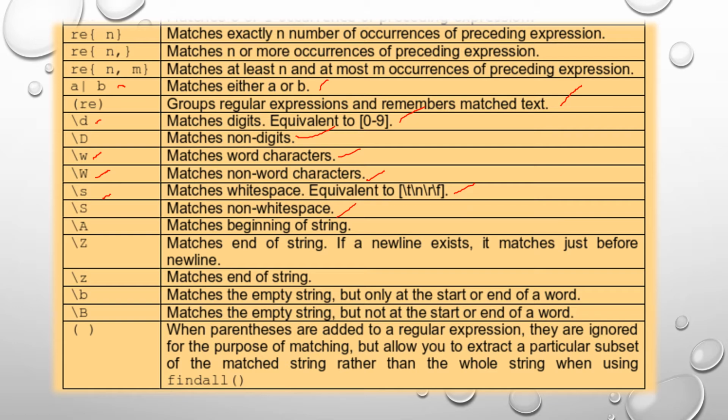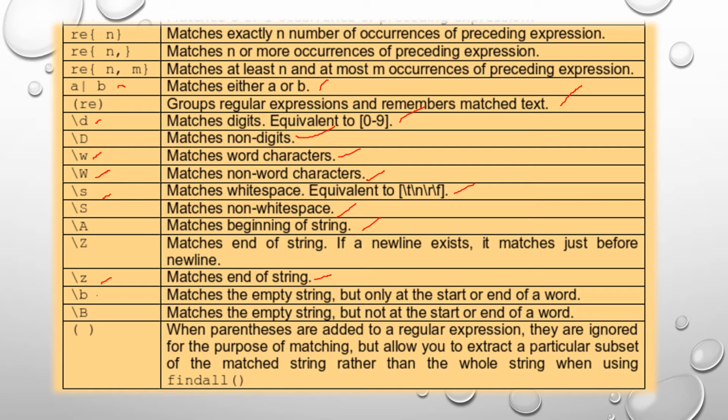Slash uppercase A matches the beginning of the string. Slash uppercase Z matches the end of the string. If a newline exists, it matches just before the newline. So slash lowercase z matches the end of the string.